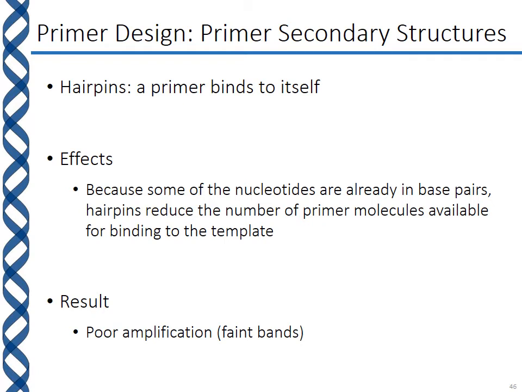Well, quite simply, the fact that those primer molecules are bent in on themselves and hydrogen bonded means that there are much fewer number of molecules available to bind to the template DNA. And so the net effect is to dramatically reduce the concentration of primers available to initiate that amplification. So the result is poor amplification that manifests in very faint bands on your gel.